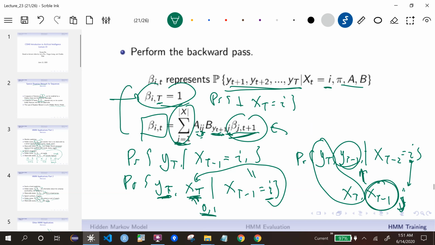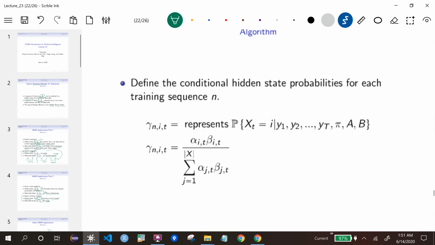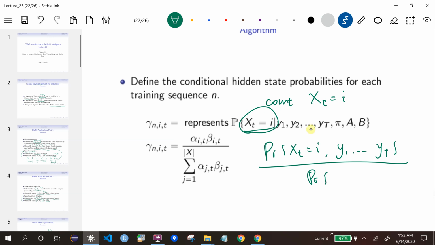So again, we're recursively figuring out all of these probabilities, and now you want to see why we just computed these. It's because we actually want to find this frequency. Remember at the beginning I said we want to count the number of x_t's that are in state i. So here, this probability is actually the probability of x_t is i and y_1 until y_t, divided by the probability of y_1 until y_t.